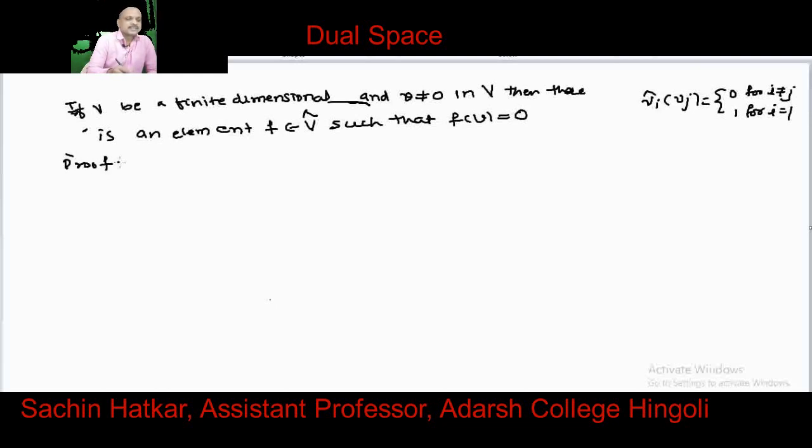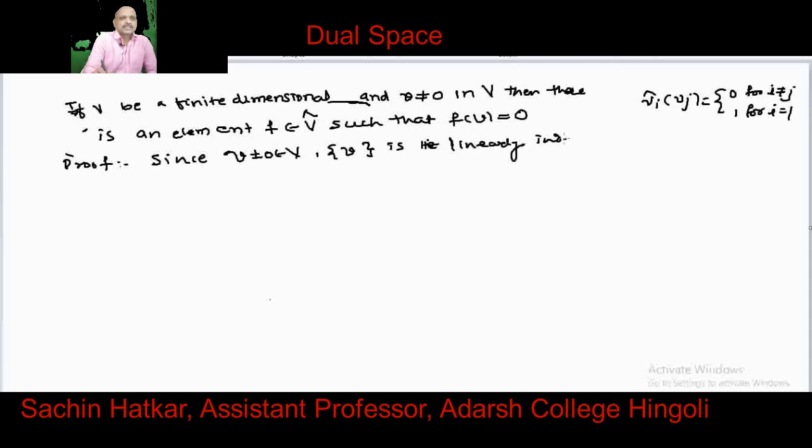Here it is given that the vector v is not equal to 0 in V, and therefore the singleton set, that is, a set consisting of the vector v only, is linearly independent. Obviously it is linearly independent, since if we take the linear combination alpha v equals 0, then either alpha equals 0 or v equals 0.